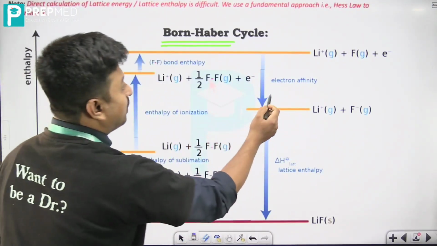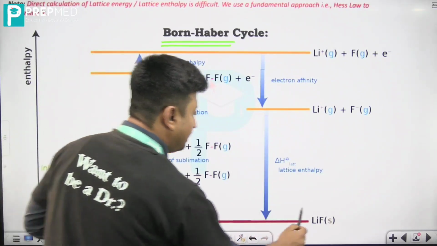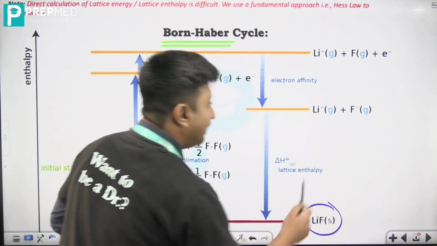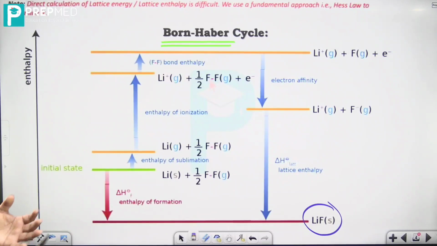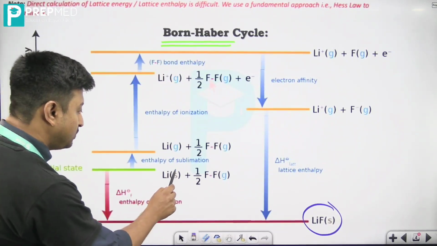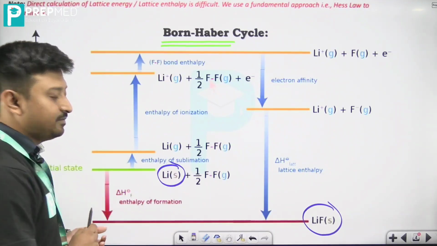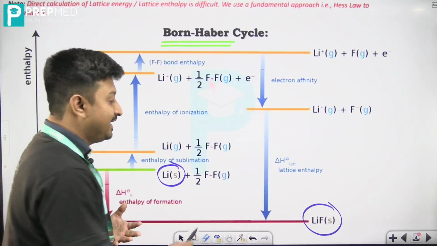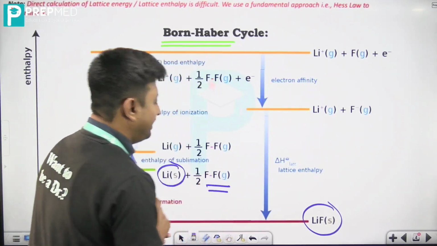Let's see if I talk about the formation of lithium fluoride. Normally the lithium exists as lithium solid, and fluorine exists as difluoride gas.